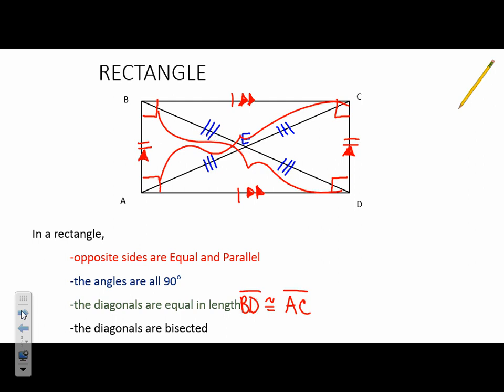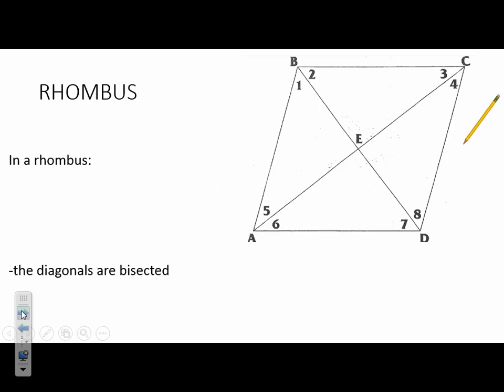And the diagonals being bisected, we can say that's marked in our picture. Or you could list BE is congruent to ED, which is congruent to AE, which is congruent to EC. Those are all little congruent pieces inside of that picture. So that's what makes a rectangle a little bit more special than just a general parallelogram.